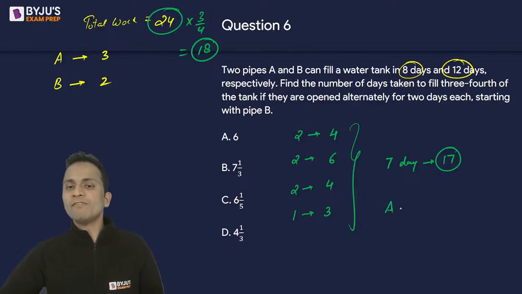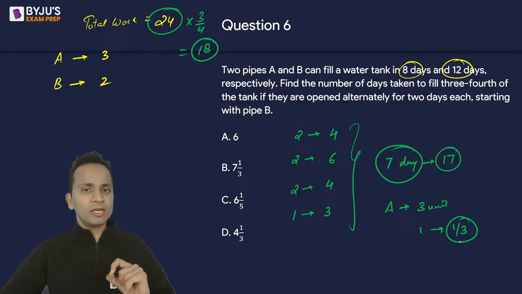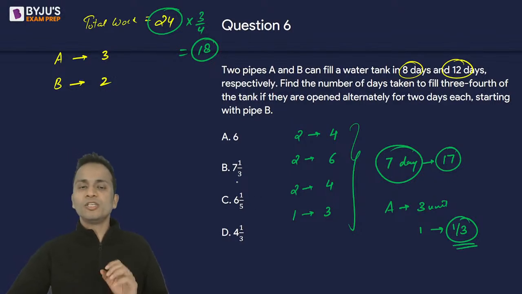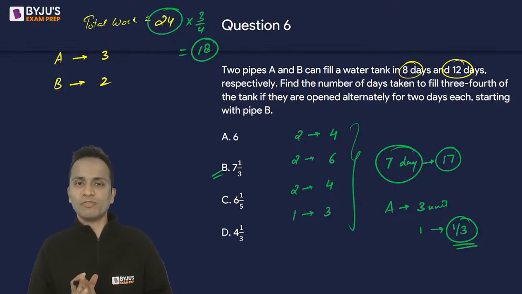So A can finish 3 units of work in 1 day, but A has to do only 1 unit. So for doing 1 unit, A will take 1/3 of the day. All right, already 7 days were taken, another 1/3. So the correct answer should be 7 1/3 total number of days.